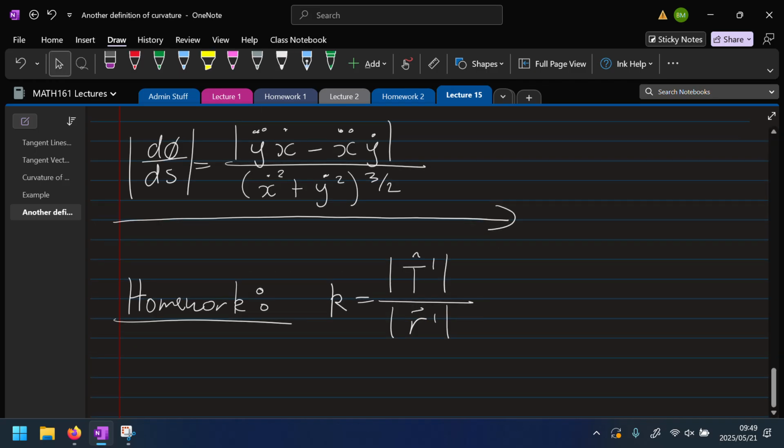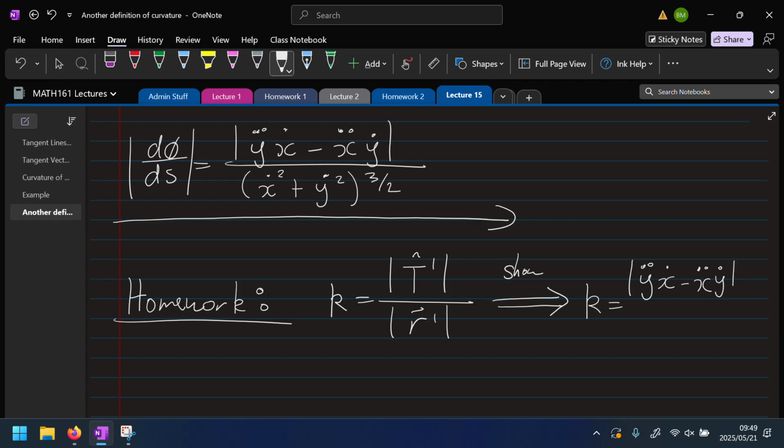We had that definition before. Show that this will give you what we have over here. So show that from this, we can get to this, divided by x dot squared plus y dot squared to the 3/2.